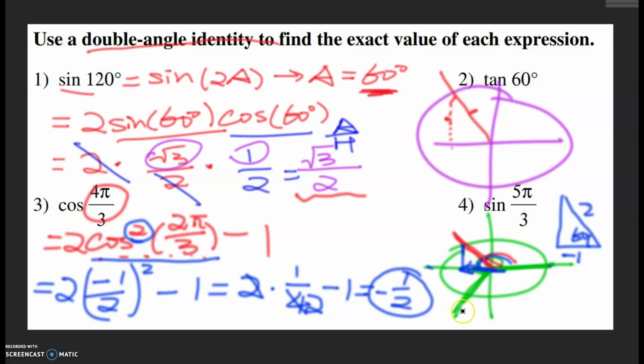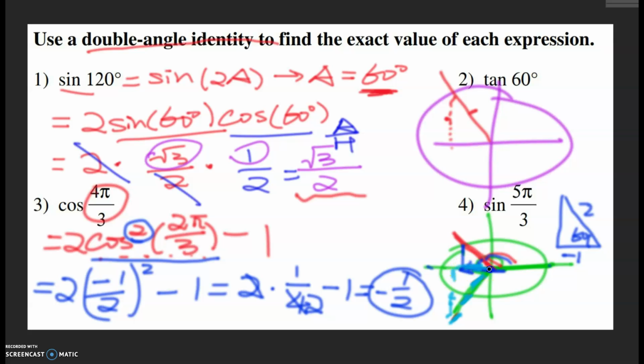So here is your actual angle. Now we are looking at the cosine. Cosine is adjacent over hypotenuse.